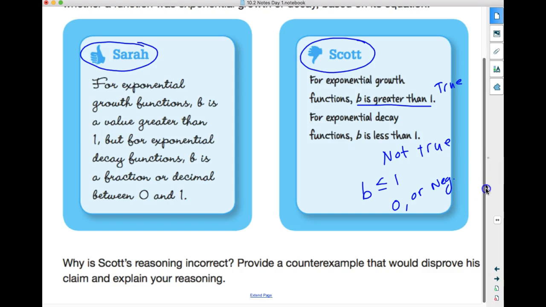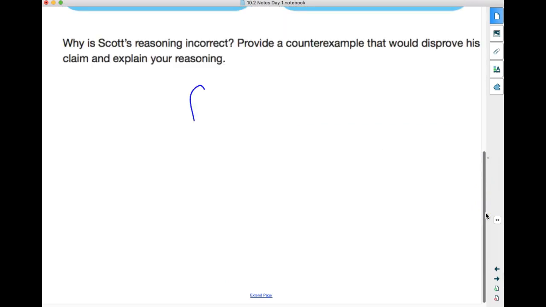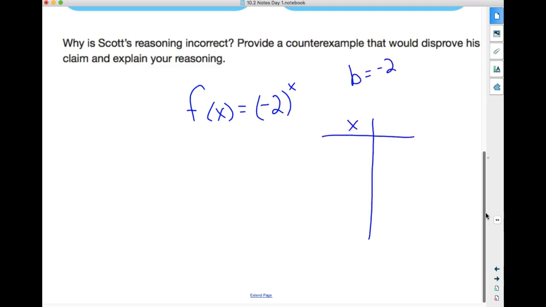If my b is a negative number, this is going to be my counterexample here. So if I looked at f of x equals, let's say, negative 2 to the power of x, here b equals negative 2, if that's true, as I make my xy chart, if I put in 0, negative 2 to the power of 0 is 1.